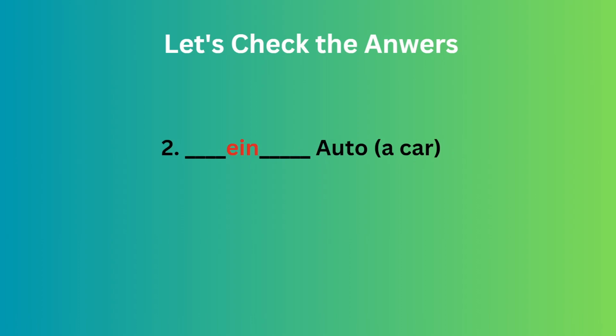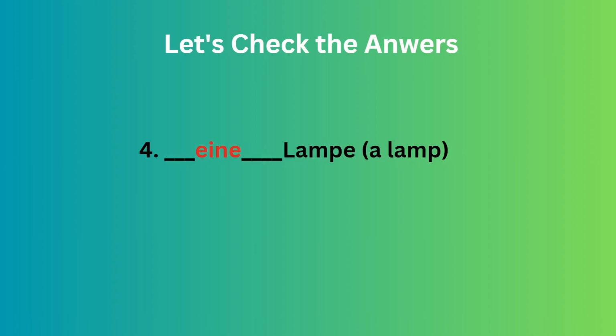Auto is a neuter gender, therefore indefinite article would be ein. Next one is Stadt. Stadt is a feminine gender, therefore the indefinite article would be eine. Next one, Lampe. Lampe is again a feminine gender. Therefore, the indefinite article would be eine.